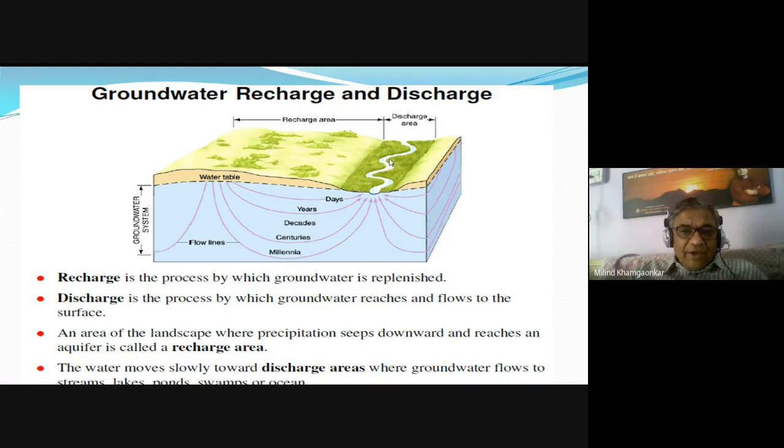And the stream area or the river part is called the discharge area. Recharge area and the discharge area. The water moves slowly toward the discharge area where groundwater flows to the streams, lakes, ponds, swamps or the ocean.